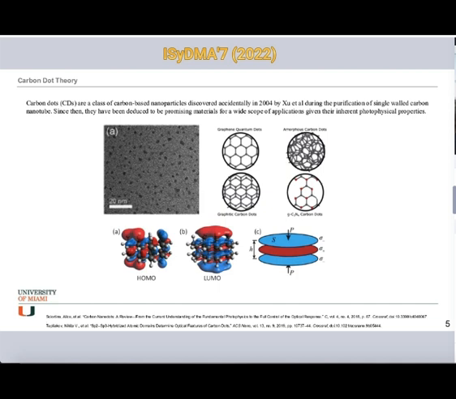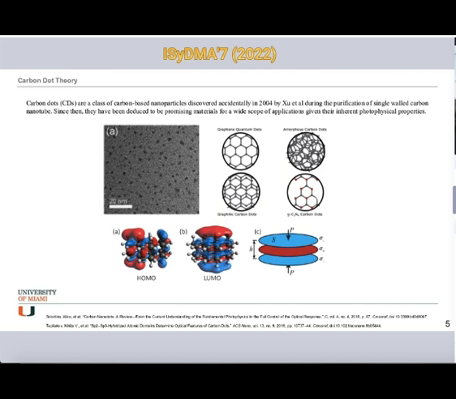When we talk about carbon dust, we may have the graphene type, the amorphous, the graphitic, and finally the carbon nitride, depending on the precursor we use.